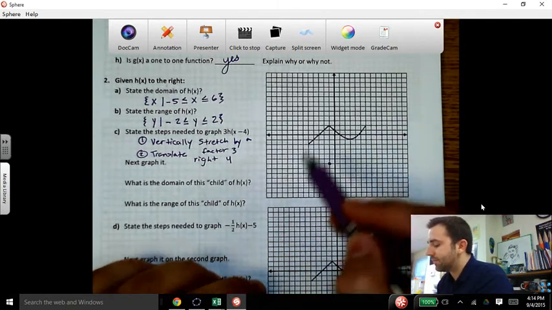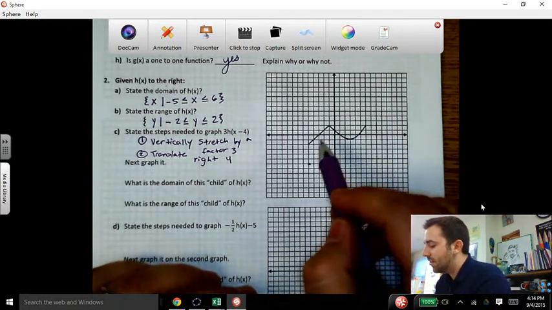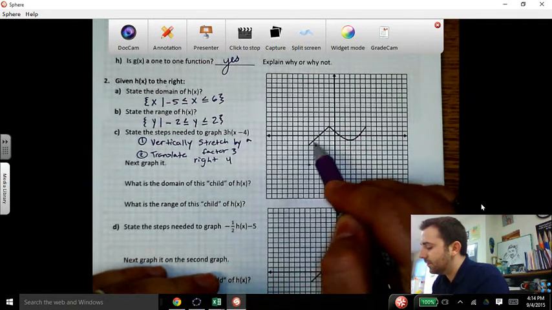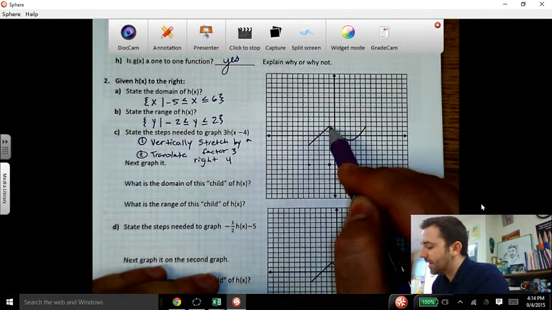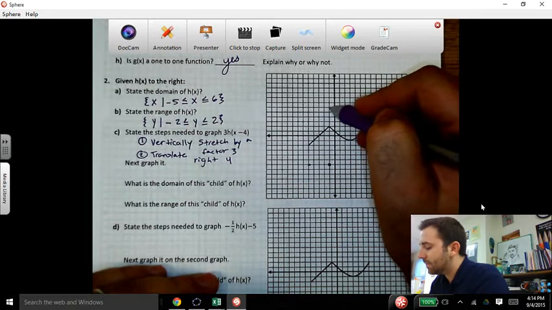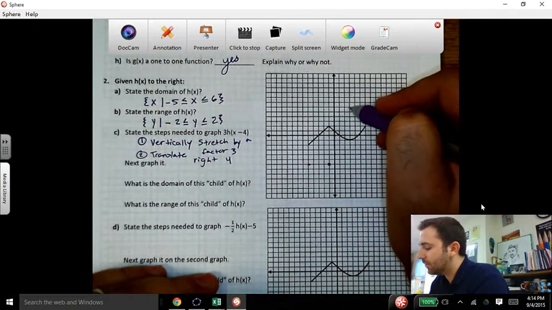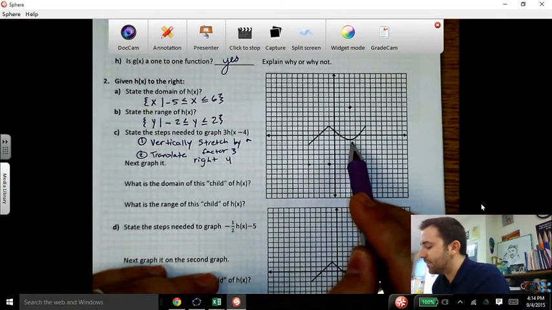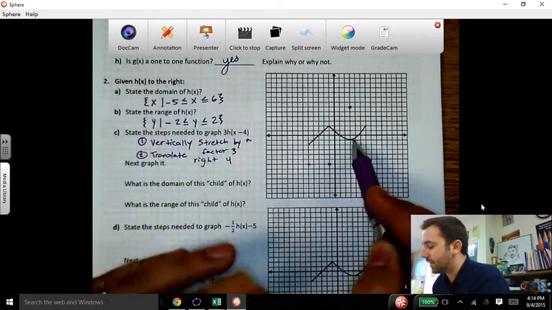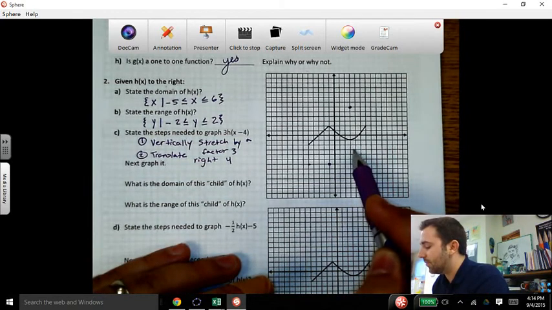And I'm going to do that for all key characteristic points. I'm just saying points that I know. So in this case, if I go up to this maximum height here, it's at positive 2. Once again, I would go up by a factor of 3, so up to the positive 6. And then I would translate right 4. This minimum value is at negative 1, so stretching by a scale factor of 3 would go down to negative 3, and then translate 4.